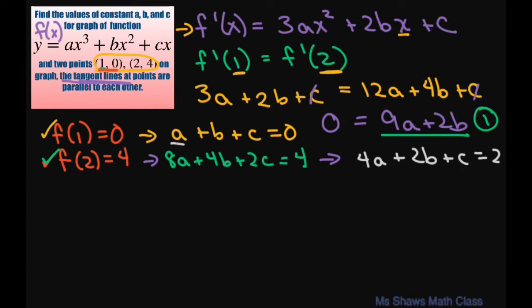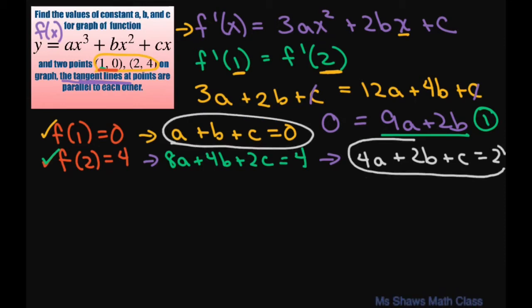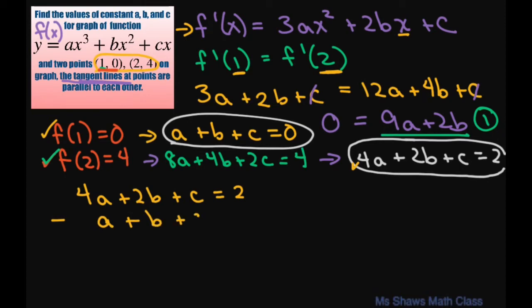Now I have 2 equations here and I can solve for a and b. So I'm going to write 4a plus 2b plus c equals 2. And I'm also going to subtract a plus b plus c equals 0.